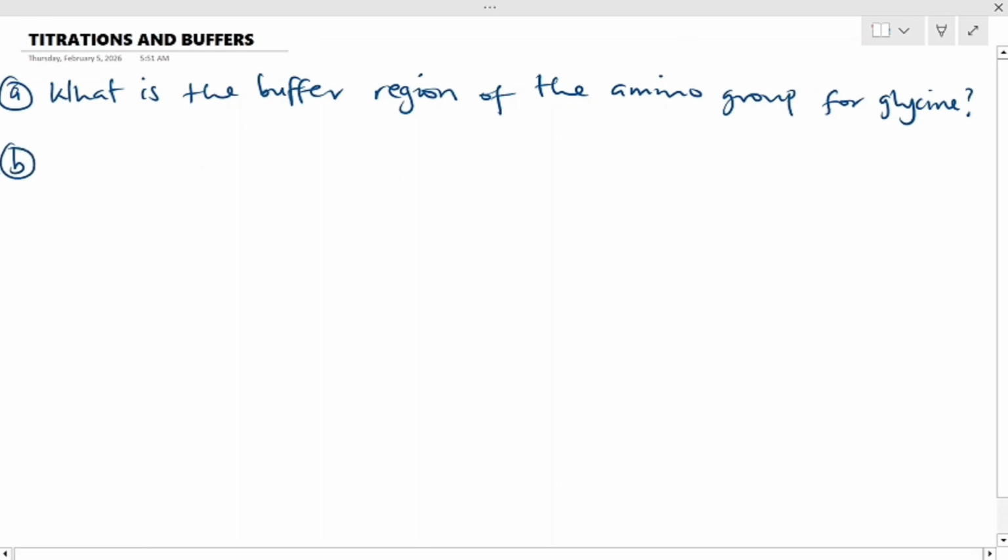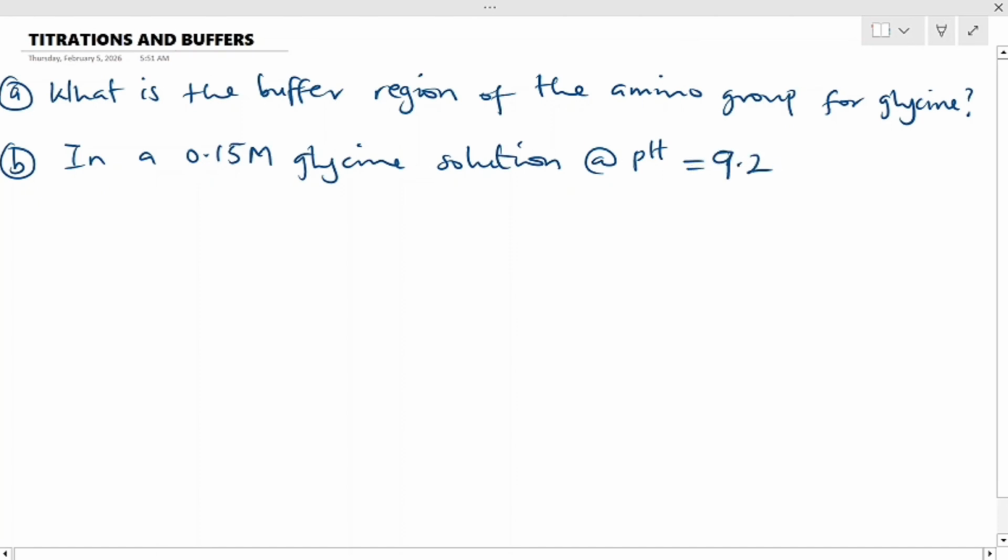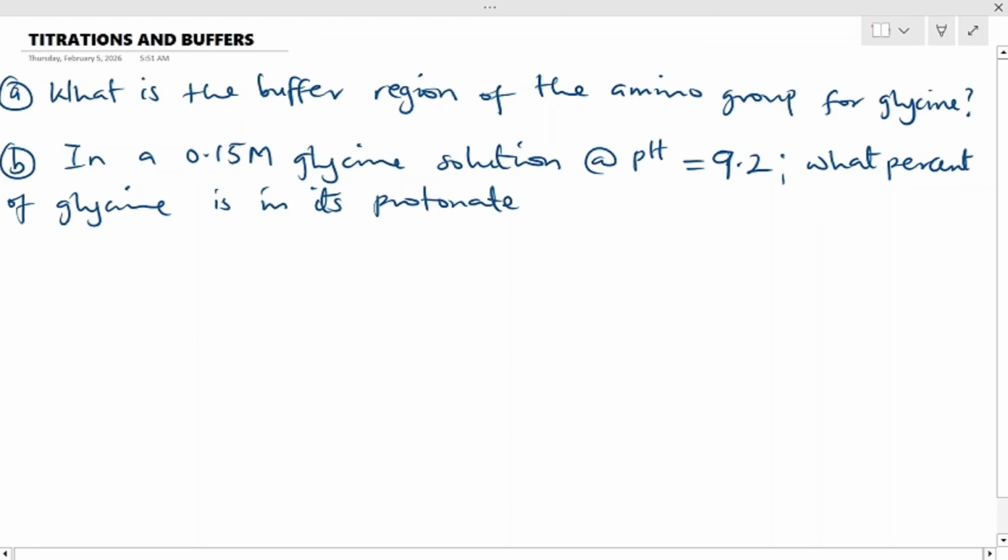Question 2, which is question B, says: in a 0.15 molar glycine solution at pH equal to 9.2, what percent of glycine is in its protonated form?